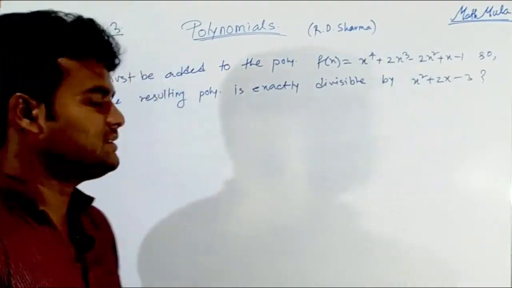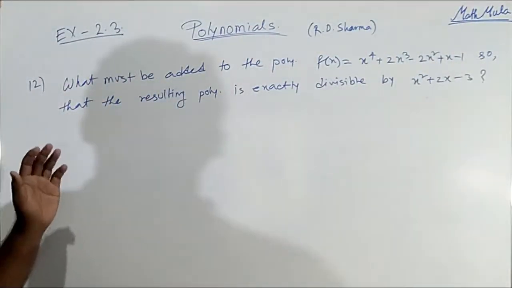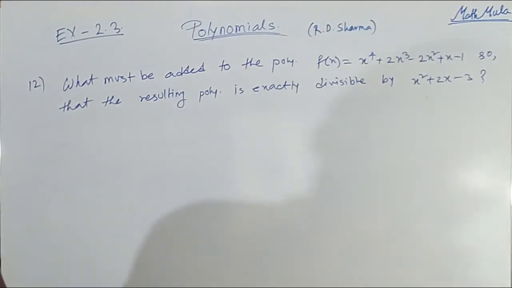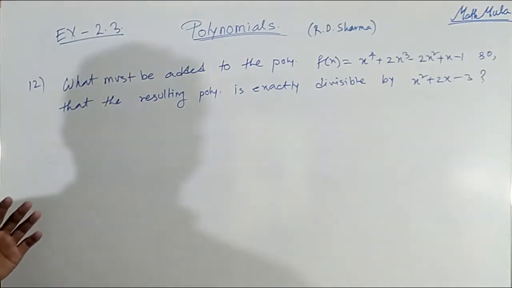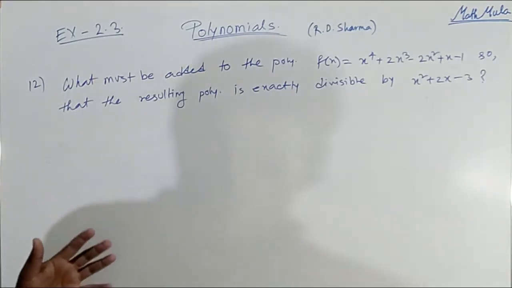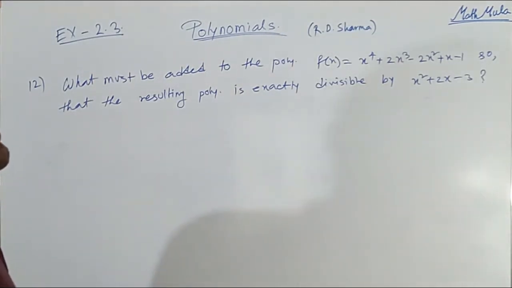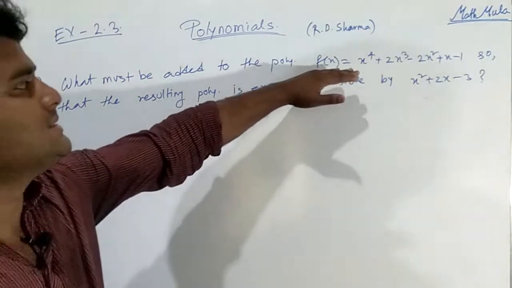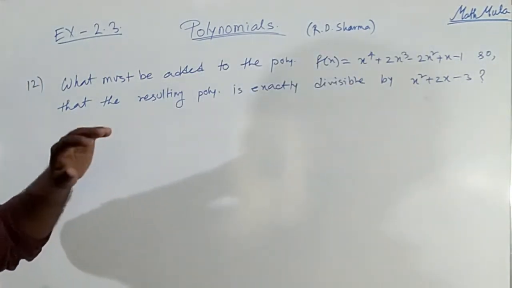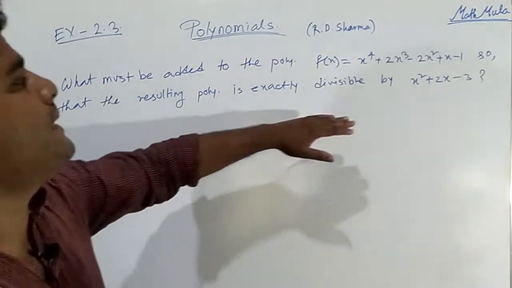Now we solve sum number 12. What must be added to the polynomial f(x) = x^4 + 2x^3 - 2x^2 + x - 1 so that the resulting polynomial is exactly divisible by x^2 + 2x - 3? Now look, f(x), the given polynomial, is not exactly divisible by this.